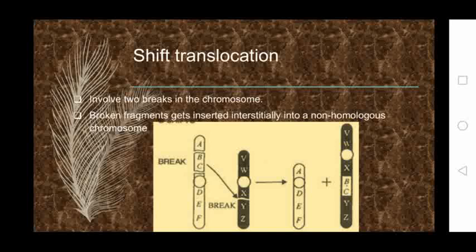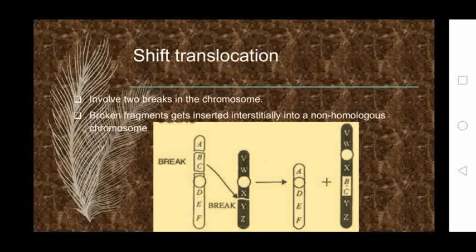After the gene X, in the black colored chromosome you can see a break. So the broken BC gene segment now rejoins with the black colored chromosome in that portion, after the break between X and Y. So this is known as shift translocation.